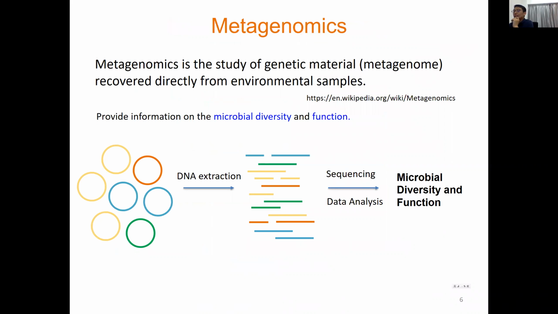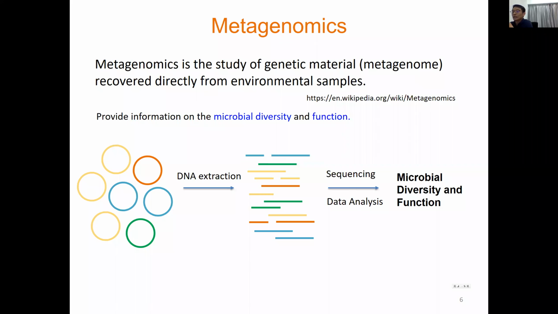As mentioned above, metagenomics is the study of a genetic material, also called a metagenome, recovered directly from the environmental sample. By using this method, we can obtain information on the microbial diversity and functions without isolation and lab cultivation of individual species.